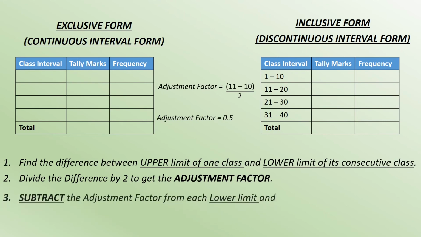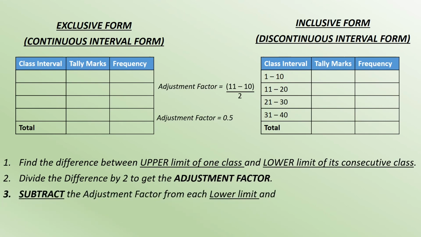Then we subtract this adjustment factor from each of the lower limits of the given class intervals, and we add the same adjustment factor to each of the upper limits of all the class intervals. So for the first class interval, lower limit is 1, and if we subtract 0.5 from 1, we get 0.5, and the upper limit is 10. So adding the adjustment factor 0.5 to 10, we get 10.5.